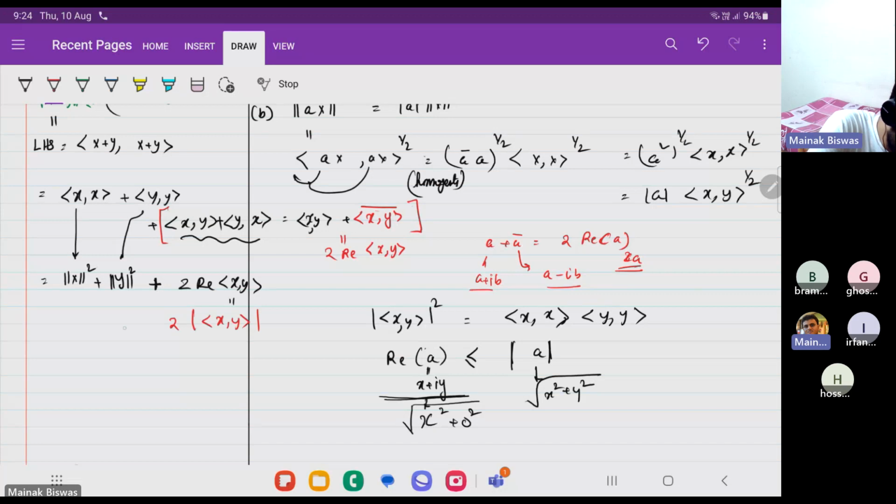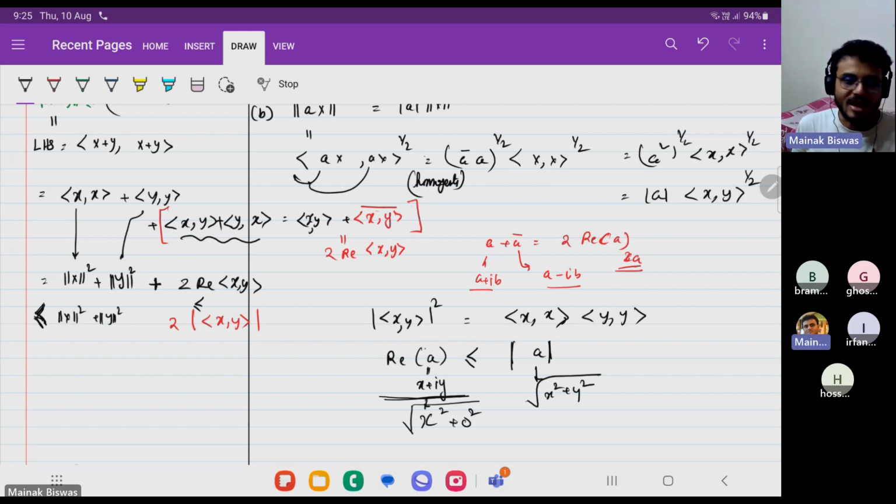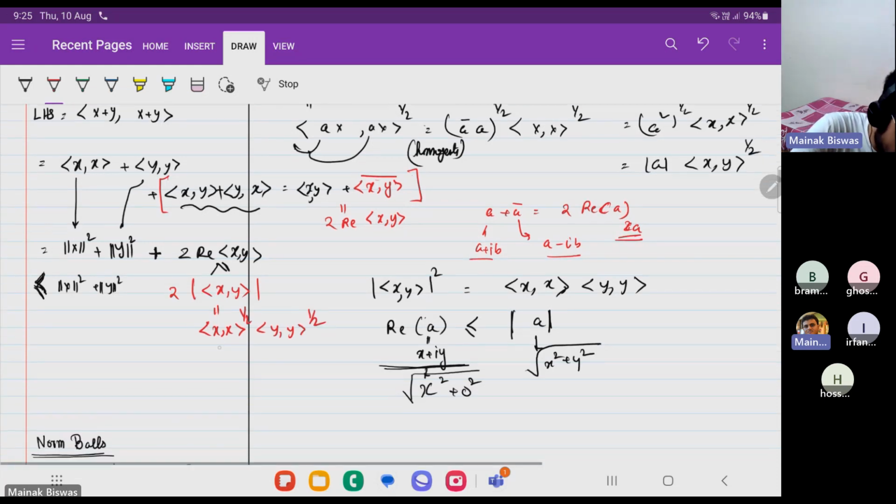Why is everyone falling silent? And I will get a. Do you agree? Because I'm increasing the right hand side, so my equality will become an inequality. Yes or no? So next, I'll replace this as x to the power half, y to the power half. Am I done now? Is it okay?